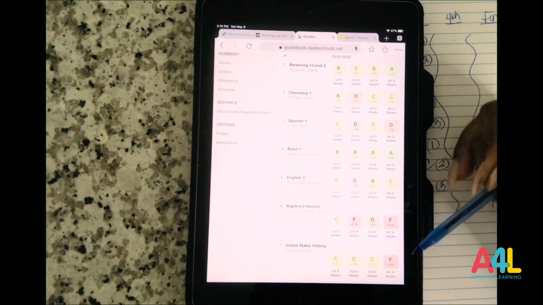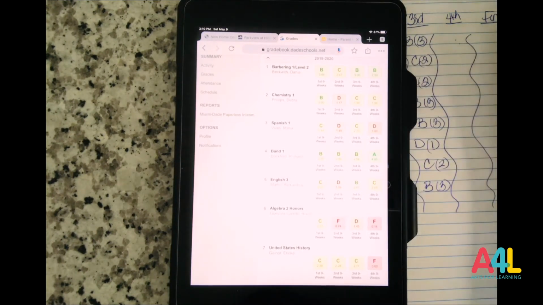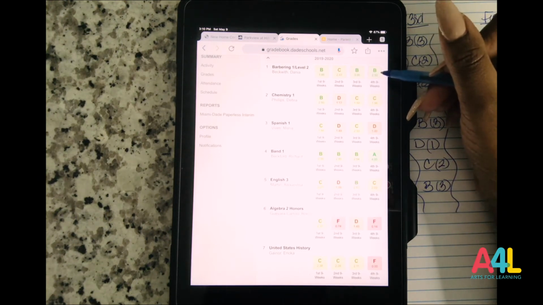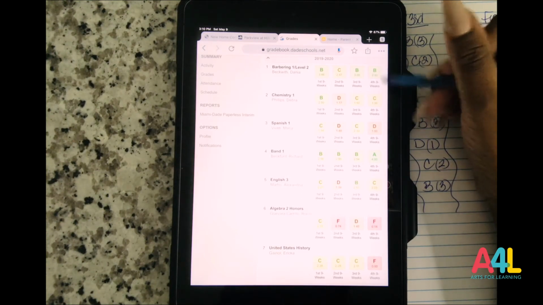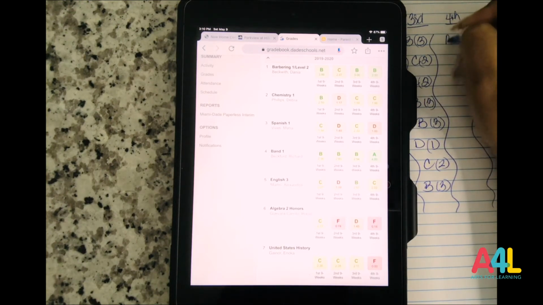I want you to write what you believe you're going to work hard to get. So if this student has a B, this 2.5 is a low B. Now, the school is almost over. The semester is almost over. So for me, for this student, I'm going to go ahead and assume or project that they're going to go ahead and get a B again.